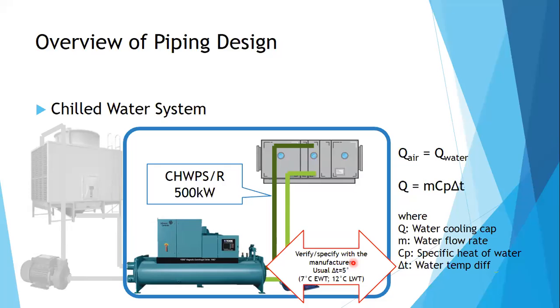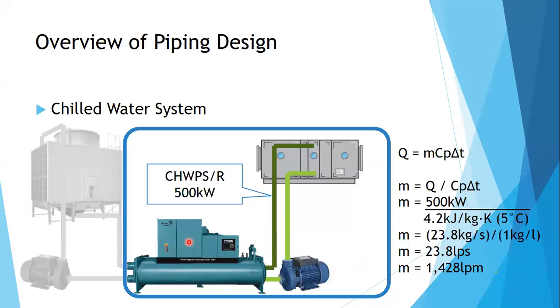But please check with your chiller manufacturer. Based on your set points, the chiller manufacturer will provide you the most efficient chiller. So go and check with your chiller manufacturer what the set points or delta T are for the chiller they provide. But usually it's at 5 degrees. Okay?